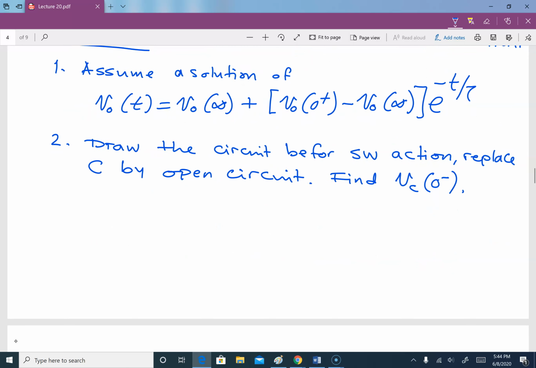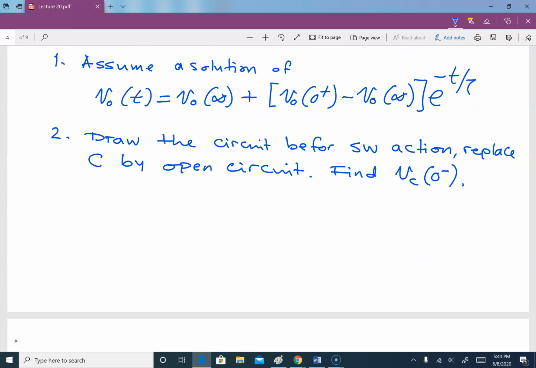So this is what we will do. So our circuit will look like this. This is where our capacitor is, so I will open that, plus minus, this is VC of 0 minus across the opening.